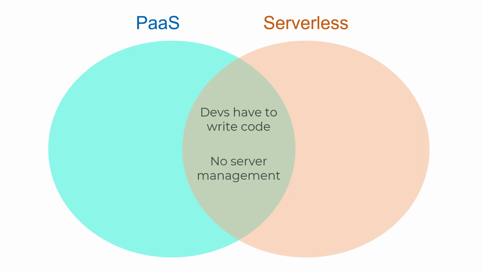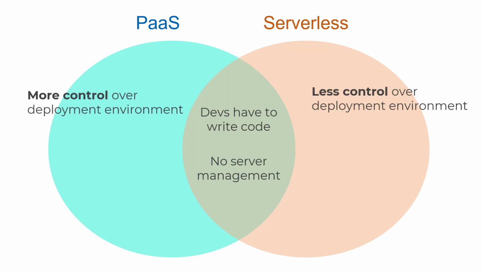In the shared responsibility model, that's been handed off to the cloud service provider. But with platform as a service, we have more control over the deployment environment. In the serverless context, we typically have less control.